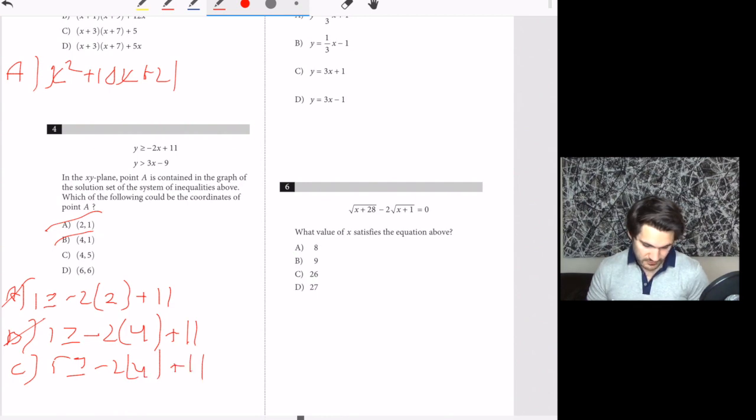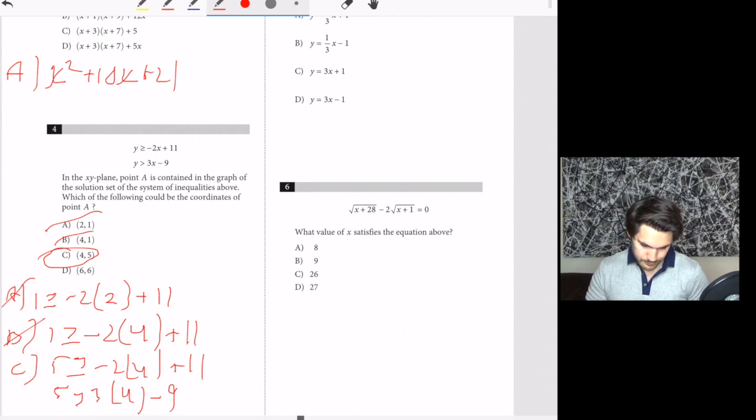Well, this is true because 5 is bigger than 3. Perfect. Now, will it work for the second inequality? Let's find out. 5 has to be greater than 3 times 4 minus 9. Well, 3 times 4 is 12, minus 9 is 3. 5 is bigger than 3. So C works. C is our answer.